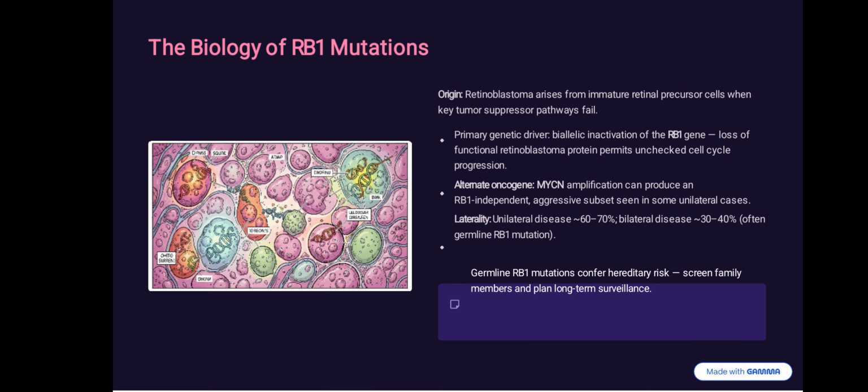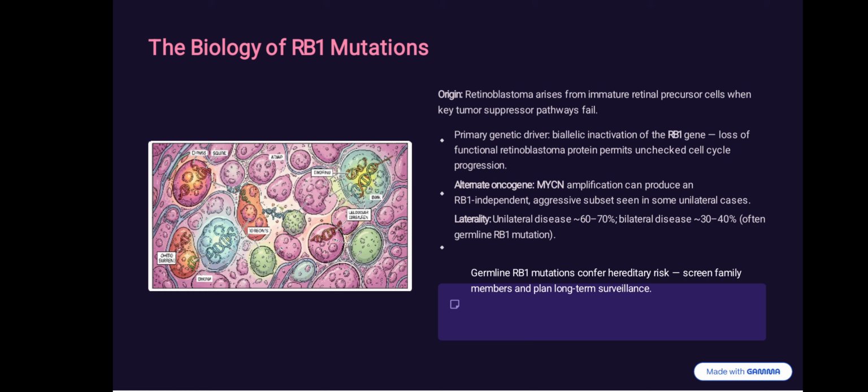Biology of the RB1 mutations. Origin: retinoblastoma arises from immature retinal precursor cells when key tumor suppressor pathways fail. Primary genetic driver: biallelic inactivation of the RB1 gene; loss of functional retinoblastoma protein permits unchecked cell cycle progression.